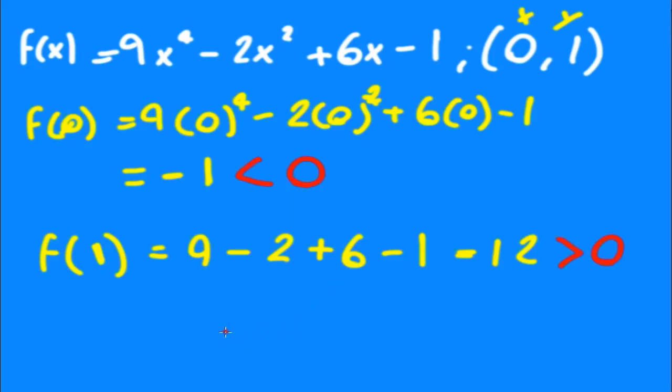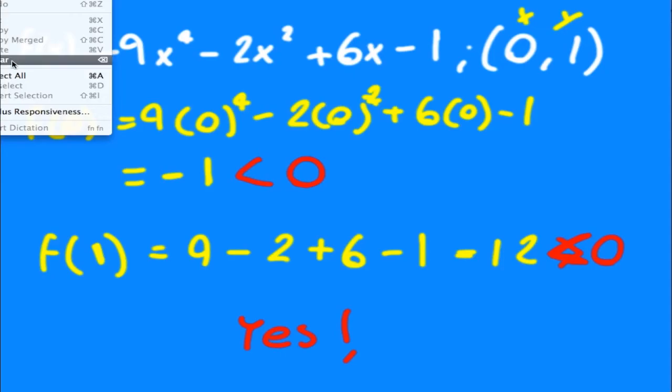So your answer would be yes, there is a 0. You have to do nothing else. If you get this number smaller than 0 and this number smaller than 0, then there are no zeros. Now let's do another one.